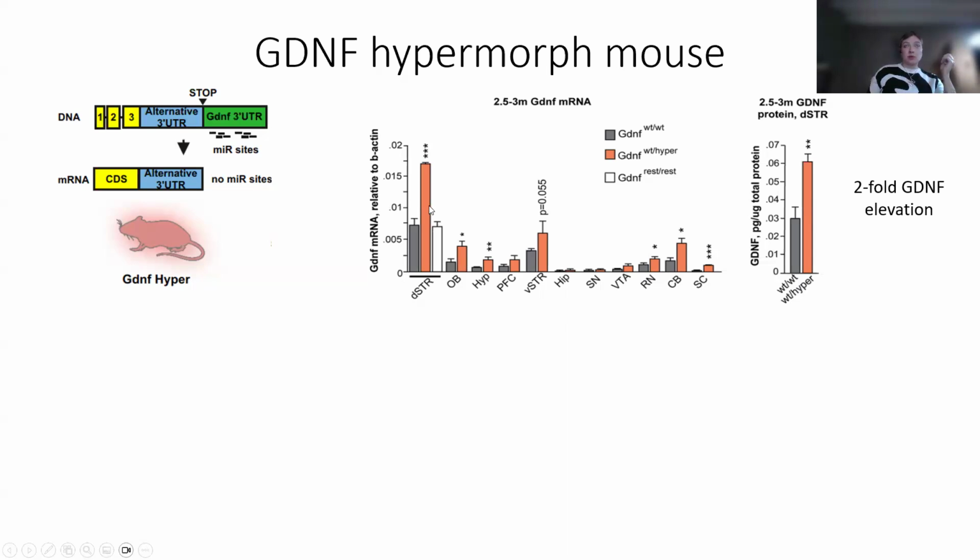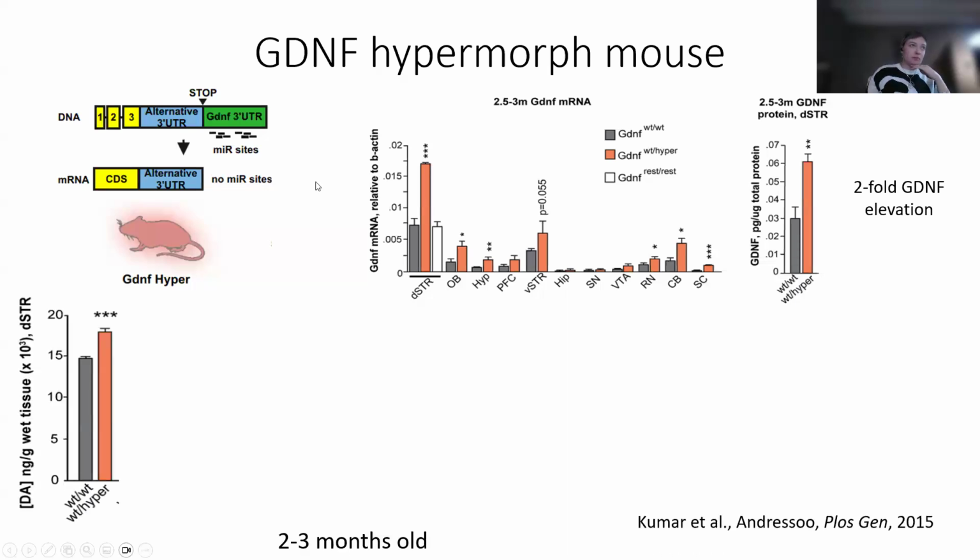But the most massive upregulation we observed was in the striatum, and we confirmed that also at the protein level. The protein levels were also upregulated twofold in the striatum in these animals. And because we know about the profound dopamine upregulation by GDNF, we tested the concentration of dopamine within the striatum.